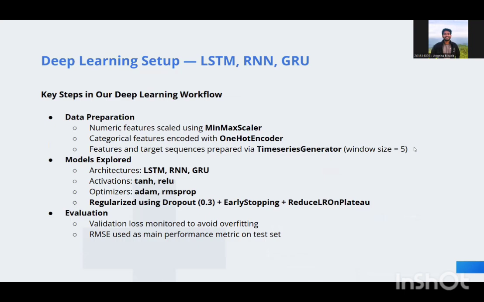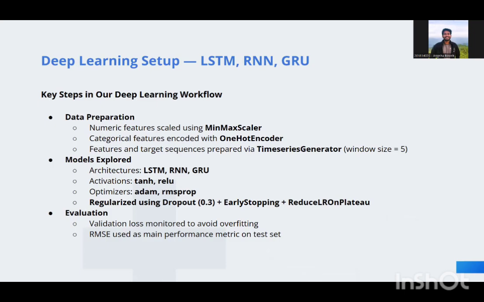We have also implemented LSTM, RNN, and GRU, these three deep learning architectures, to check if they perform better than the classical ones. For that, we scaled the features, label encoded the categories, and used Keras's time series generator to form five-step sequences.